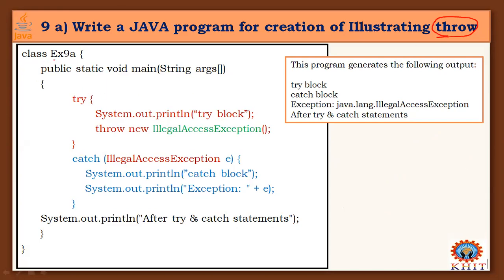In class Exercise9a, in the main method, there is a try block which contains a statement displaying that the control enters the try block. Inside this try block, this is the important step: here we throw one exception called IllegalAccessException.